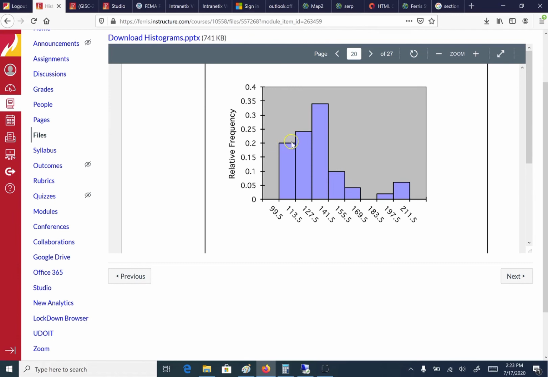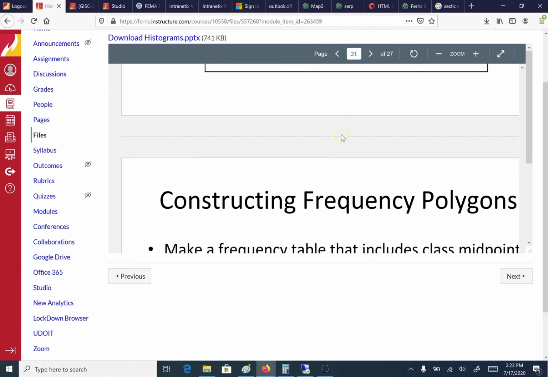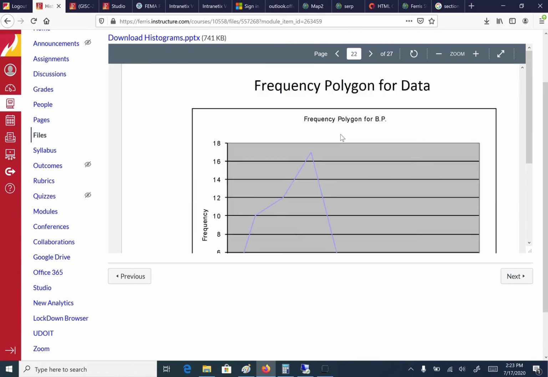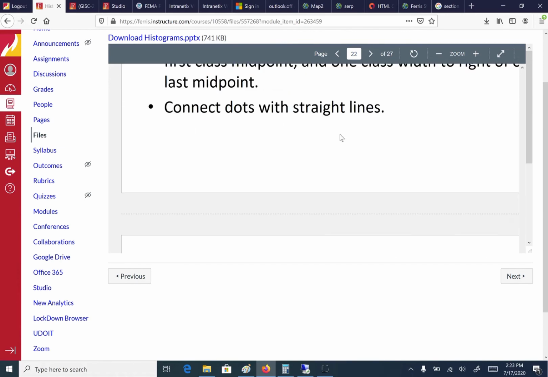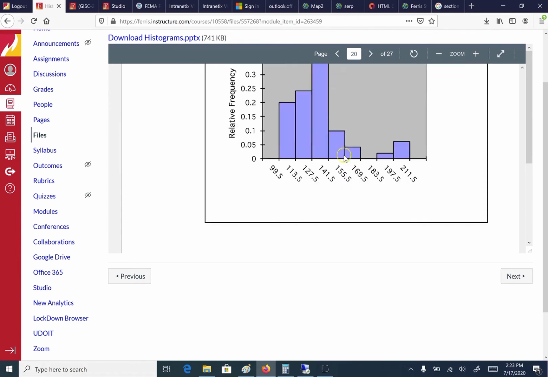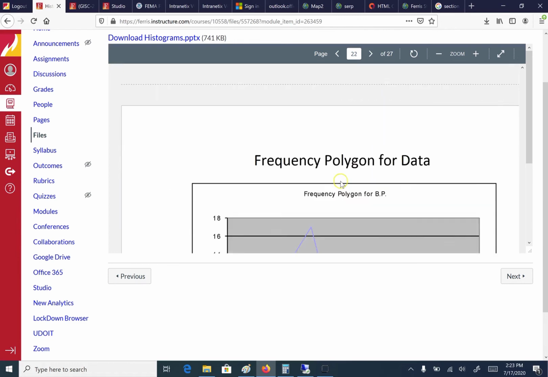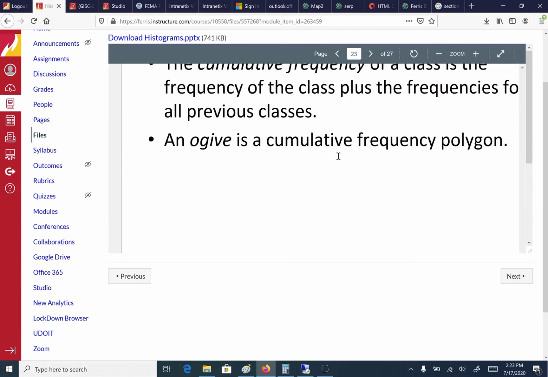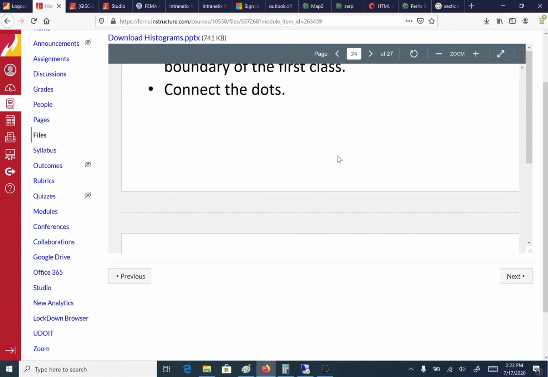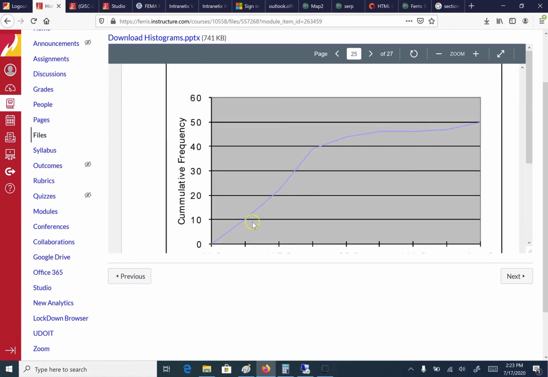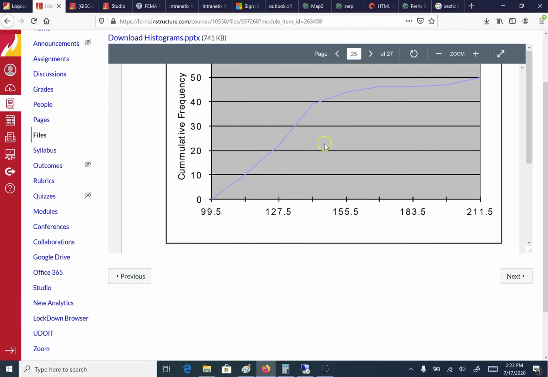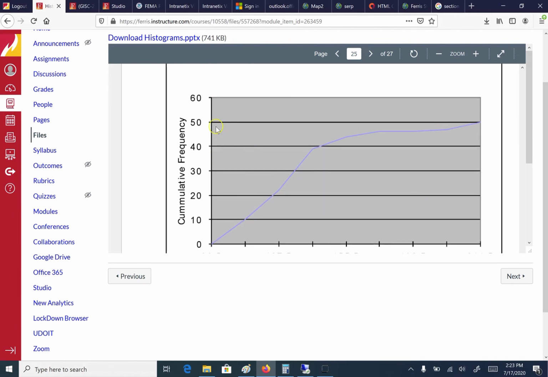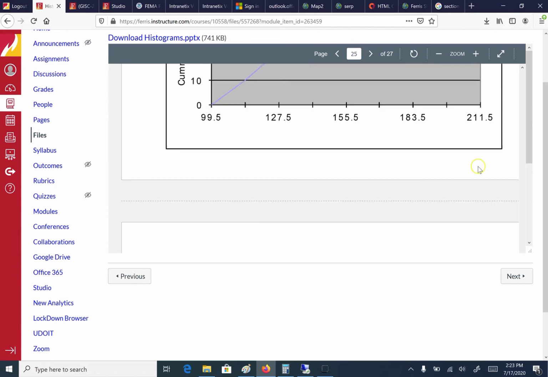And there it is for the same data set. And we can also represent this data, instead of a bar graph, with a polygon graph. And this is the cumulative frequency histogram from the lowest to the highest, and it ends with 50 horses.